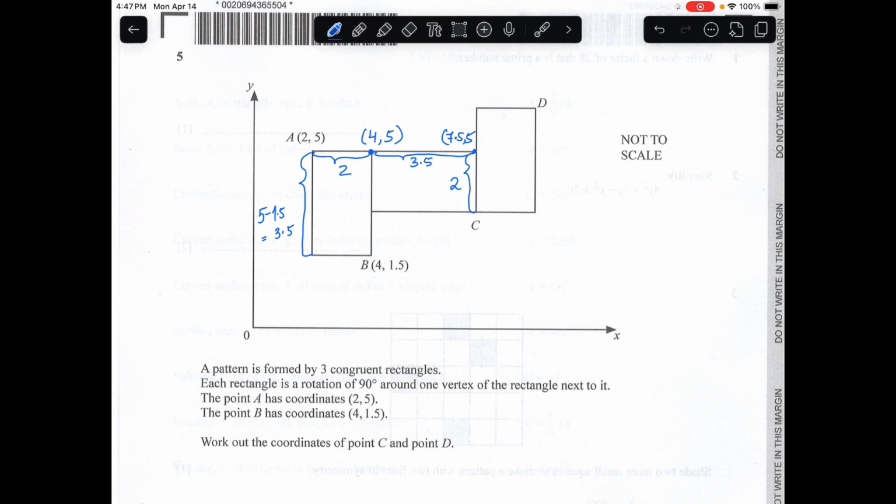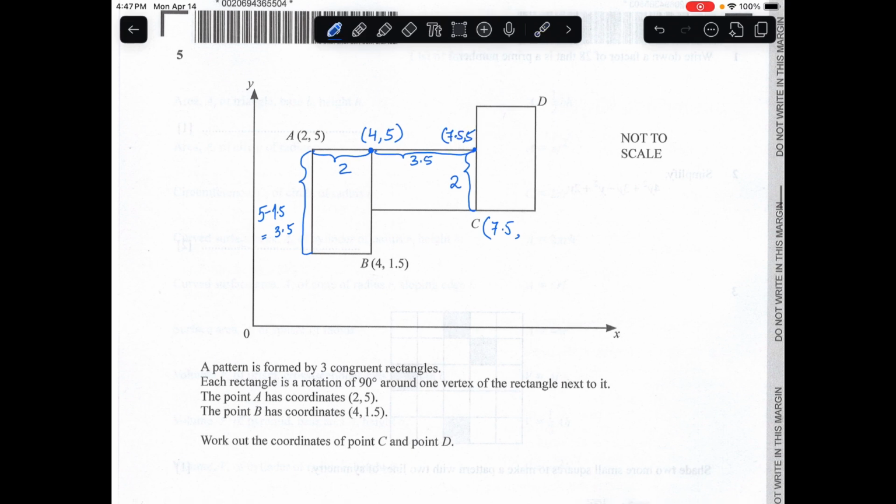Then if we think about the coordinates of C, the x coordinate is going to be the same, so it is going to be 7.5. What about the y coordinate? The y coordinate is going to be 2 less than 5. So 5 minus 2 is equal to 3.